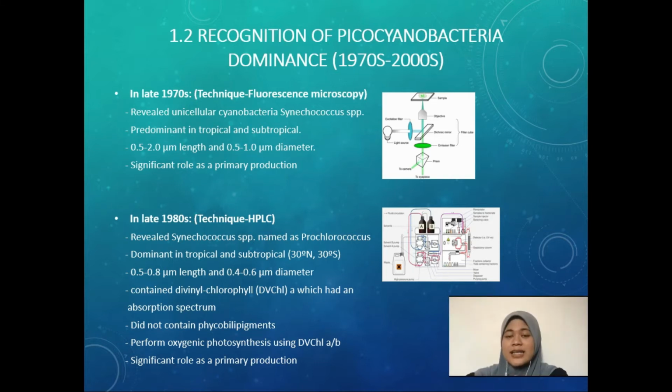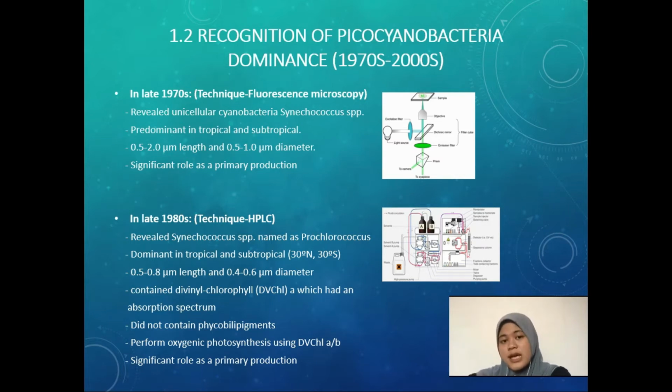Why? In the late 1980s, the development of techniques was increasing and they used the HPLC technique. This technique is used for pigment analysis, and cell detection using flow cytometry.